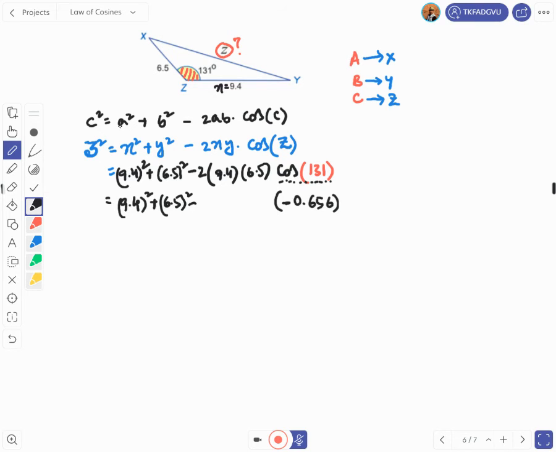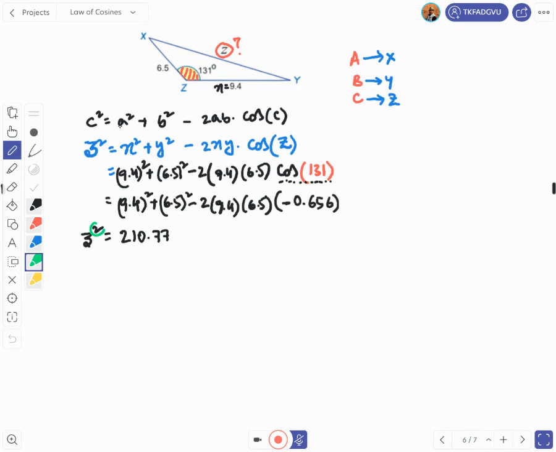These values: 2 times 9.4, 6.5 multiplied by negative 0.656. It is giving me 210.77. So this is z square.